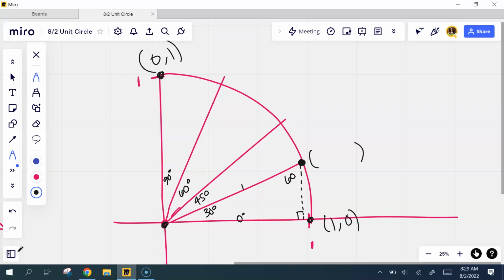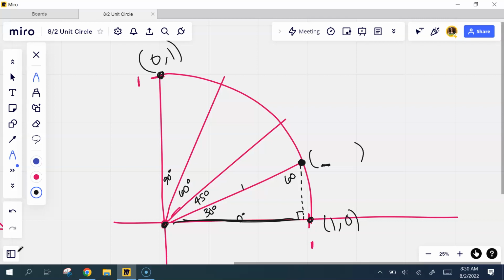Do you agree that this x-coordinate is the length of this leg? That's the x value. That's how far you go over, right? So if I can find the length of that triangle on the bottom, I can find the x-coordinate. Well, what is it? If the hypotenuse is 1, it's a 30, 60, 90. Is that the short leg or the long leg?